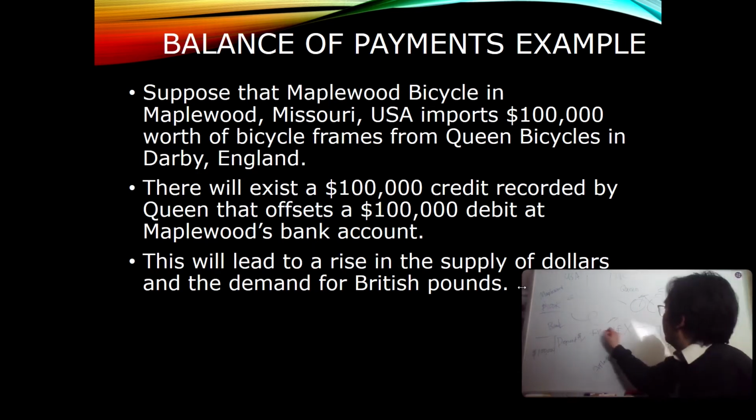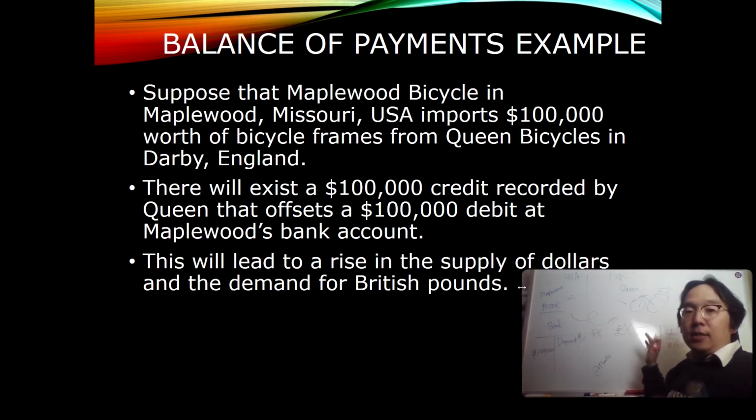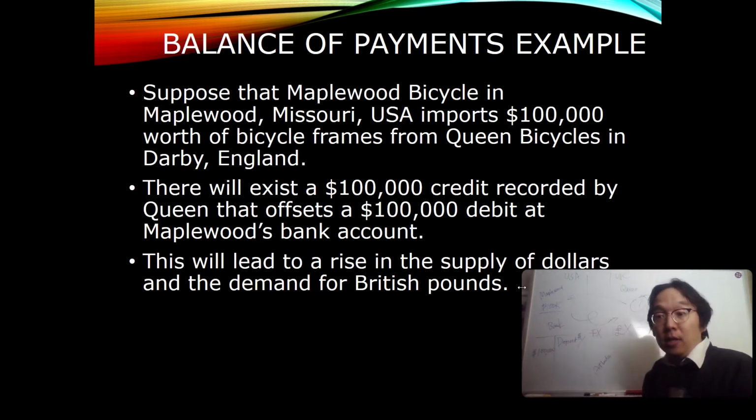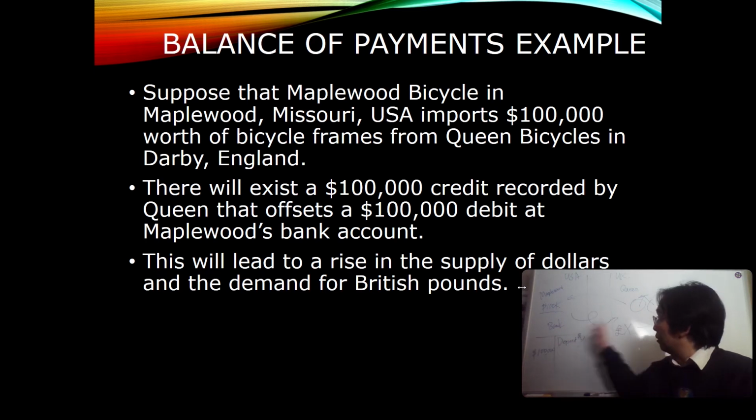But the whole idea is this: $100,000 showing up as a credit should be matched with $100,000 debited in the importer's bank account, right? They have to balance each other out, okay? Which is consistent with the idea of double entry bookkeeping, and it helps our understanding of the balance of payments, okay? Accounting for the country level, country to country.